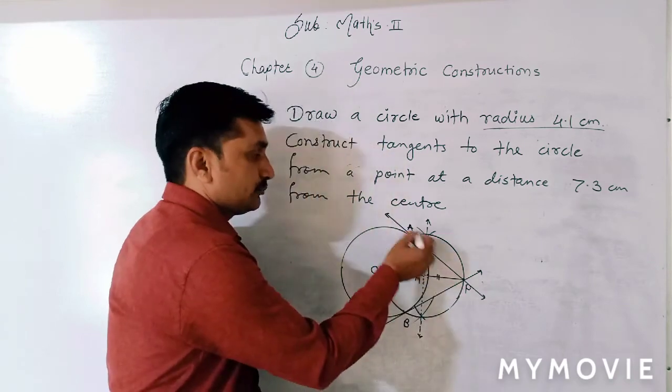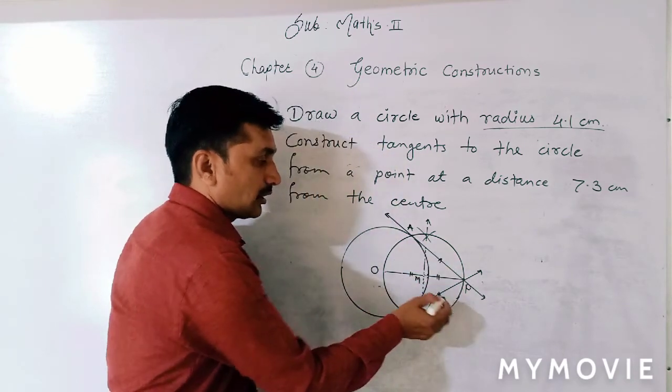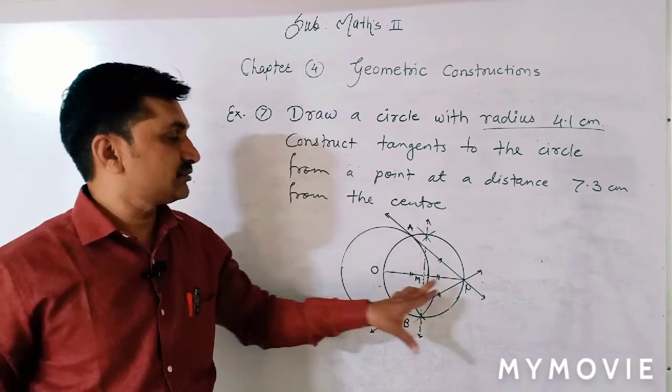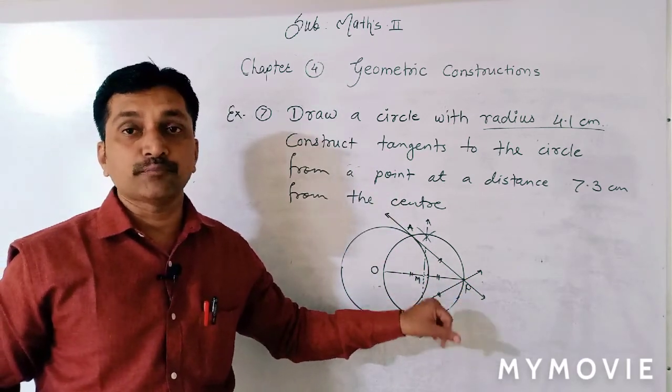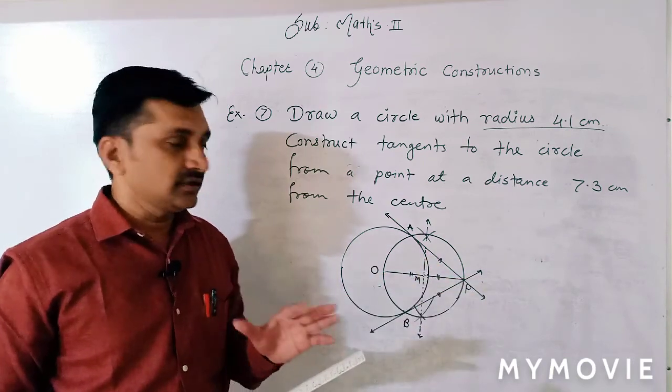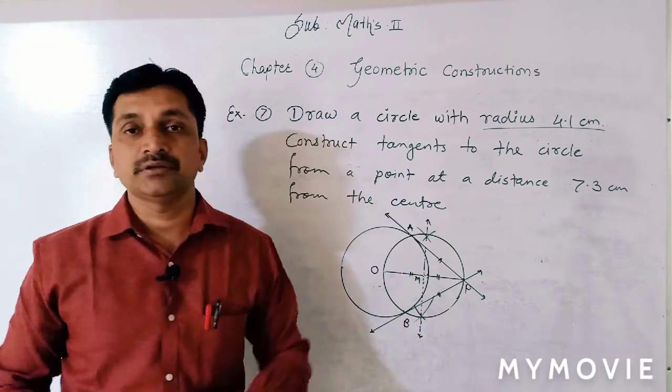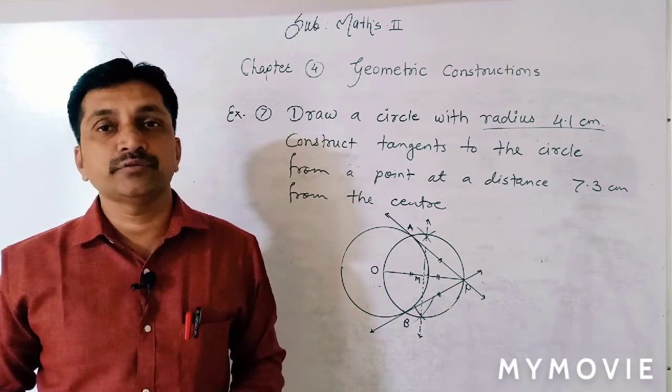PA and PB are tangents from point P. That point P is outside, and if the observation is asked about these tangents, then PA is equal to PB. Both these segments are always equal.